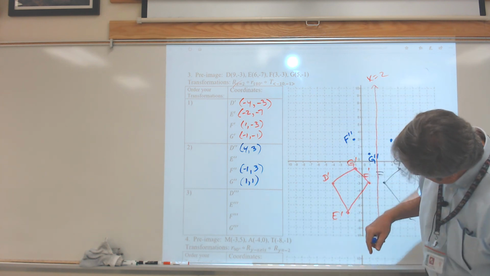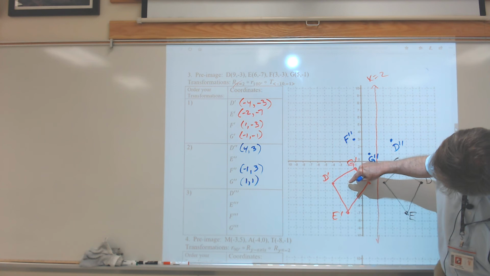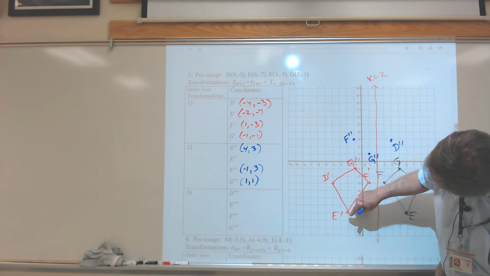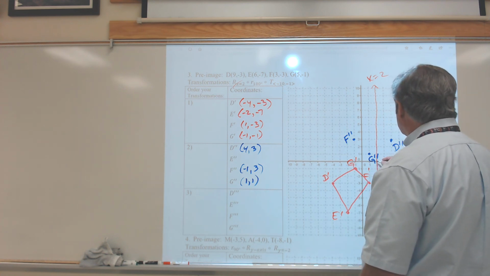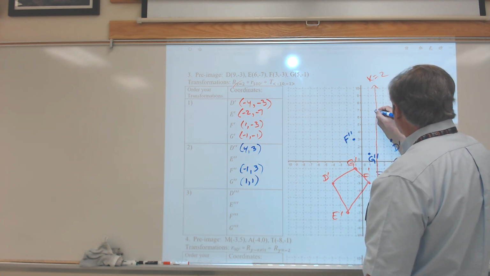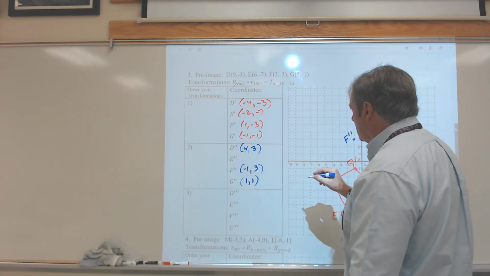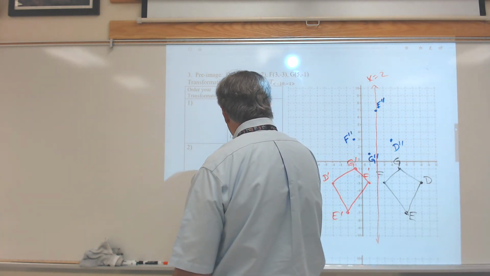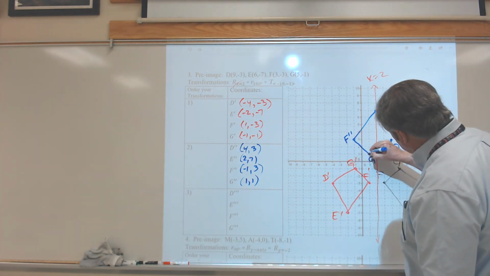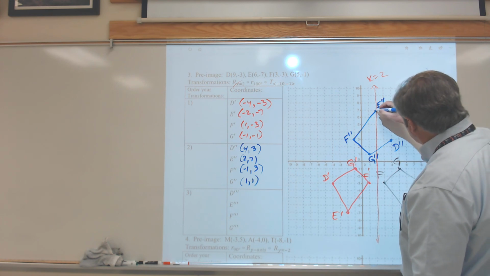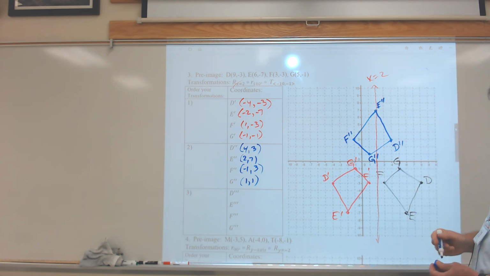And E prime, looking at it upside down, is at 2, 1, 2, 3, 4, 5, 6, 7. Yeah, so it's 2, 7, turn it around. 2, 7. And that would be E double prime. Okie dokie. And we connect the dots. All right. So that's the second movement.